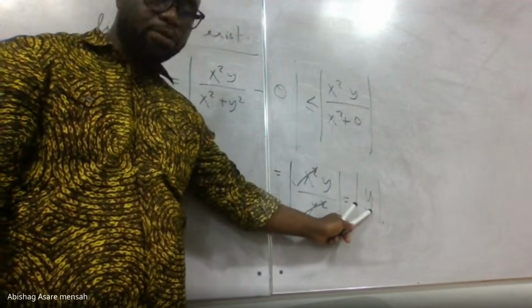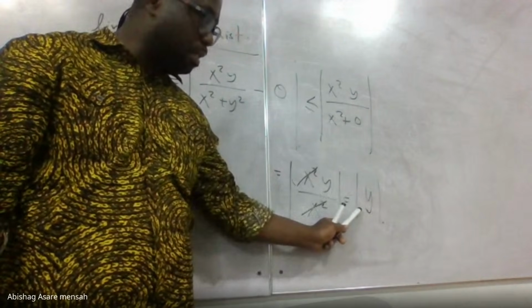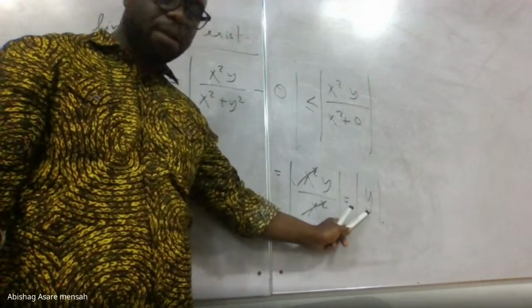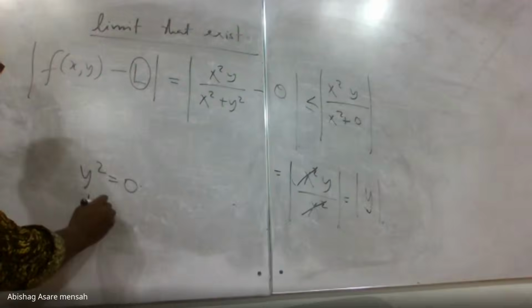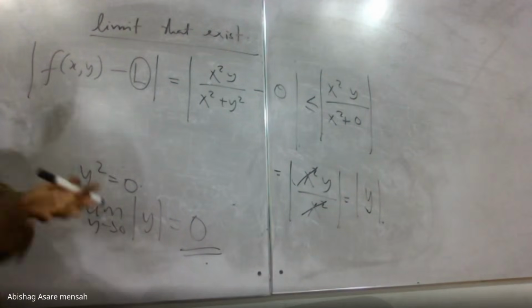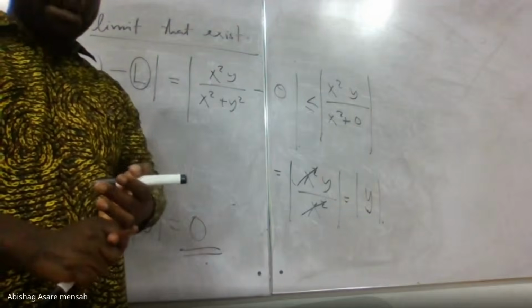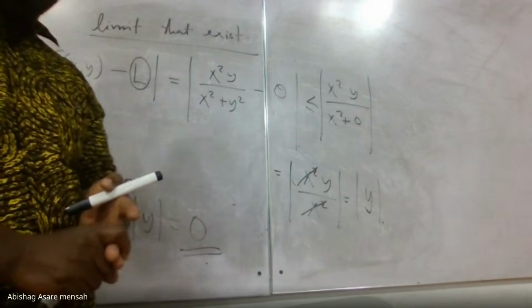Now what am I going to do? I'm going to find the limit as y approaches 0 of the absolute value of y. What is the answer? The answer is 0. So you see that when I set s equal to 0, I have 0. y equal to 0, I have 0. Then s equals y, I have 0.